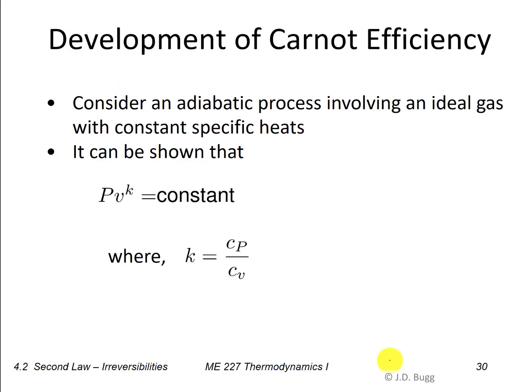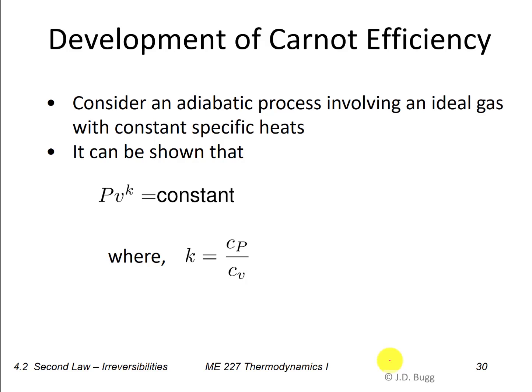Now what we want to do is show where that expression comes from. So 1 minus Tc over Th, where does that come from? Well, we're going to do that by going back to the Carnot cycle, those four processes that we discussed earlier, and look at them to determine what the efficiency of that cycle is.